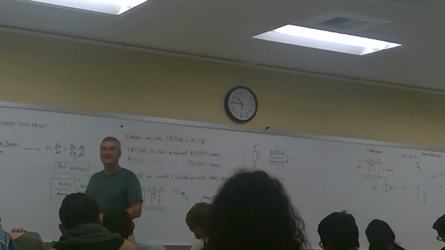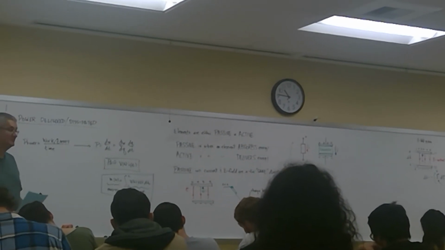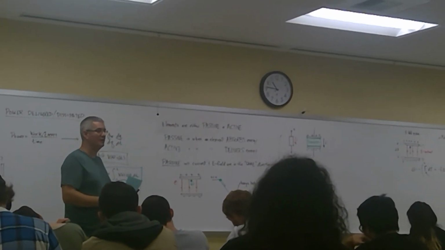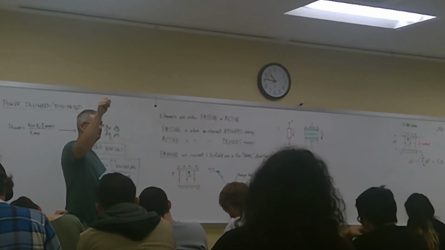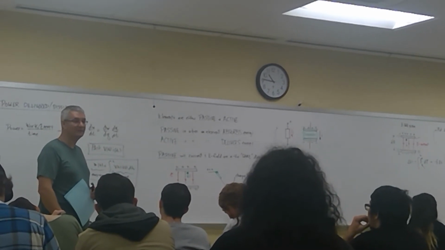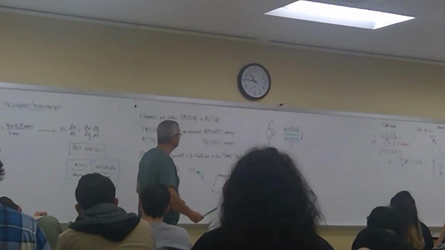And you will be challenged when we get to chapters 8 and 9. I promise you, because you're going to say, oh no, capacitors are active. And then you're going to solve the differential equation and wonder why you didn't get the right answer. It's probably this mistake.